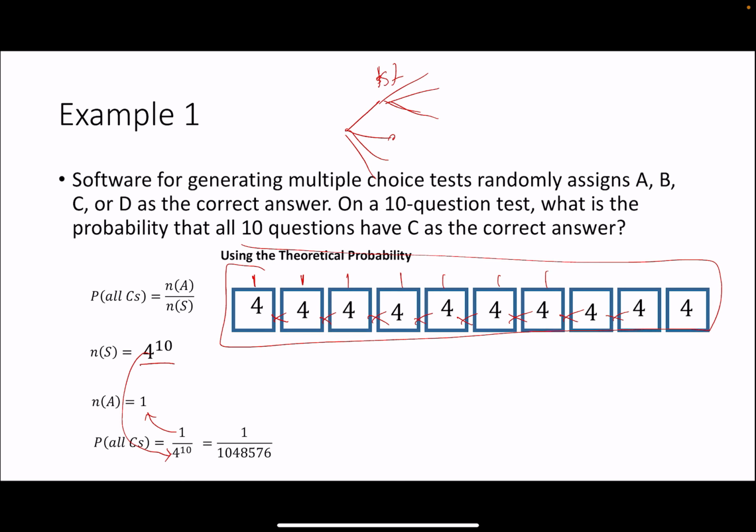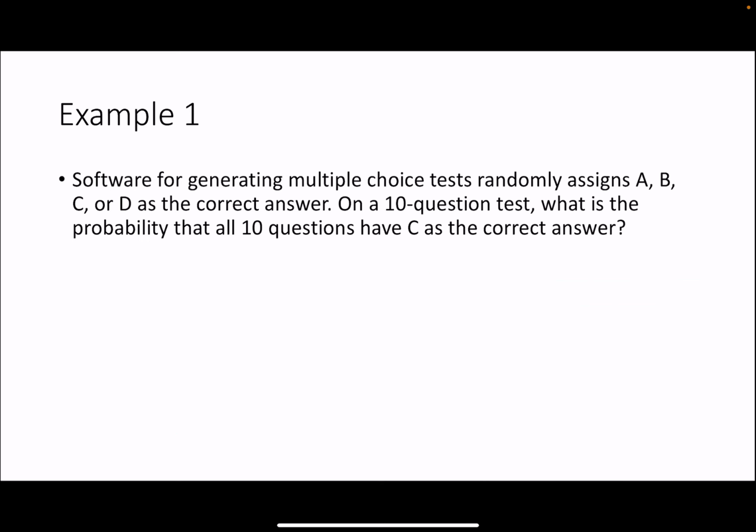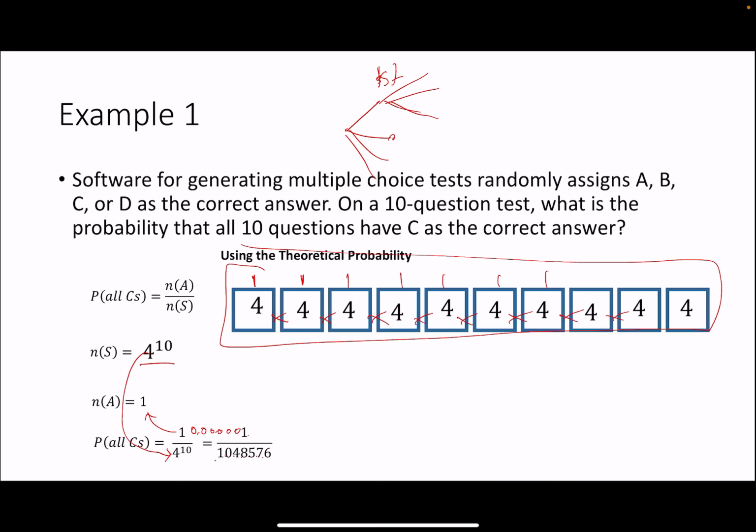Basically, move the decimal 1, 2, 3, 4, 5, 6 places: 0.00... a very small probability. In fact, it's better to think of it as 1 in a million almost.